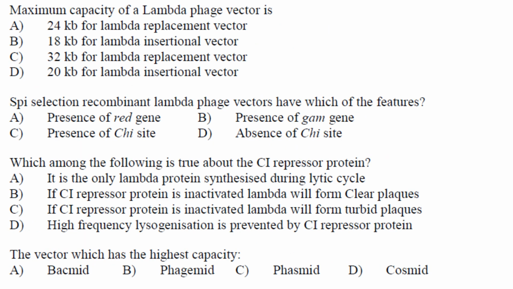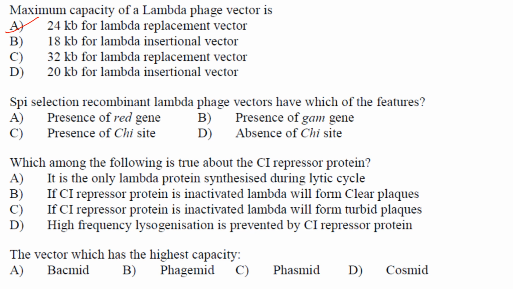Then next one, maximum capacity of lambda phage vector is 24 kb for lambda replacement vector. That's correct. Then Spi selection of recombinant lambda phage vectors has which of the features? So for Spi selection, lambda phages are normally sensitive to P2 interference, that is Spi, and they cannot infect E. coli cells that already have P2. Now this Spi phenotype is carried on the stuffer fragment of the lambda phage insertion vector.